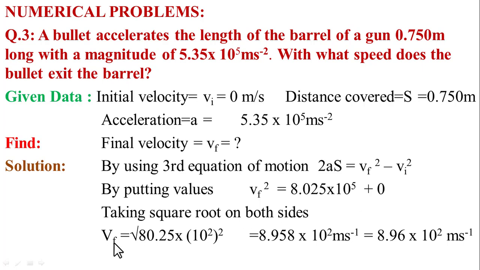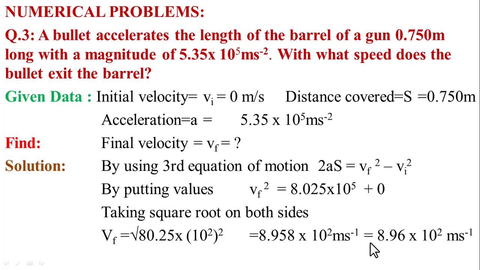That is, Vf is equal to the square root of 80.25 multiplied by 10 raised to power 4. Here square root cancels the square, and taking the square root of 80.25, so Vf is equal to 8.958 multiplied by 10 raised to power 2 meter per second.